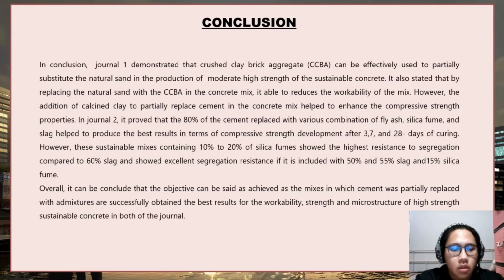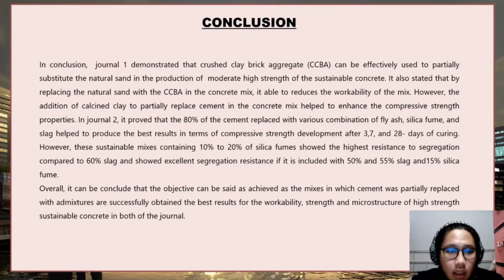In conclusion, Journal 1 demonstrated that crushed clay brick aggregate, CCBA, can be effectively used to partially substitute the natural sand in the production of moderate to high strength sustainable concrete. It also stated that replacing the natural sand with CCBA in the concrete mix reduces the workability of the mix.